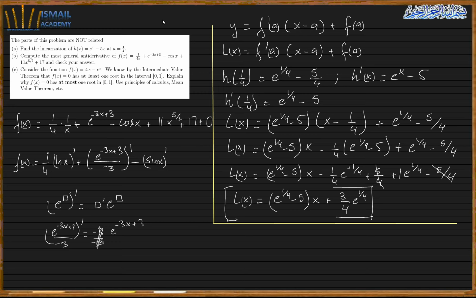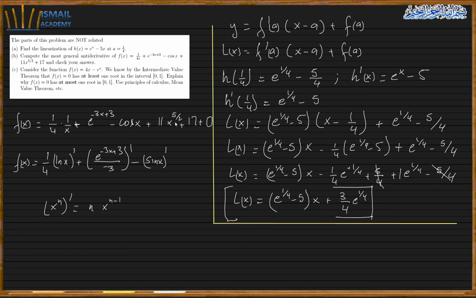Now for the exponent, the concept of the derivative of an exponent is the following. If I have x to the n, prime, in fact it is n x to the n minus 1. Here what do we have?